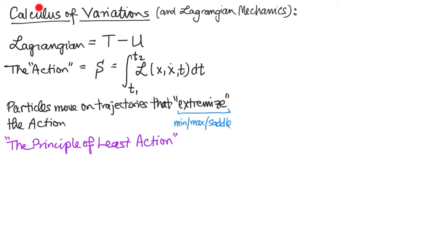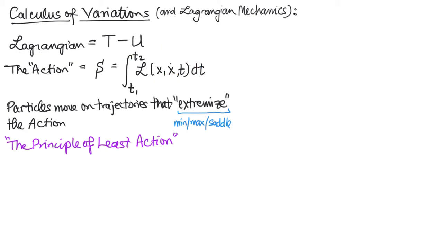So I want to say a little bit about the Lagrangian and this idea of an action, and then where does calculus of variations fit in? Well, calculus of variations is a mathematical tool that tells us how to actually compute the quantities x and x dot, or positions and velocities, that extremize this action. So the calculus of variations is, given an integral of a function, how do we choose that function to extremize that integral?